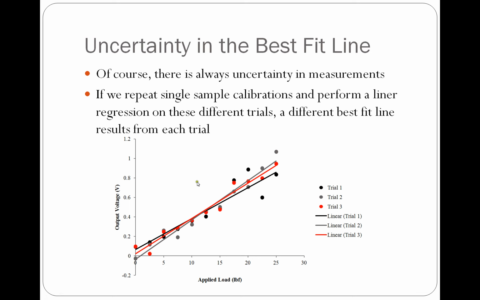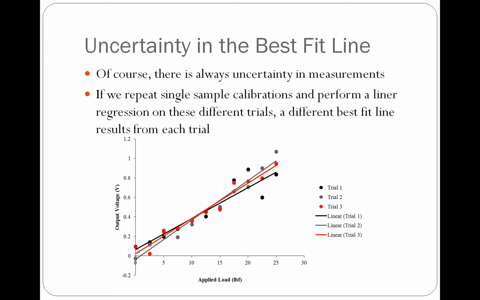We'll get different uncertainties or different noise coming into our measurements, which is going to cause, when we try to draw a trend line through all of the data points, the linear trends to be slightly different from each other. They're going to have a slightly different slope and a slightly different offset. Okay, so obviously, if we take real data, we're going to have some uncertainty in this best fit line.